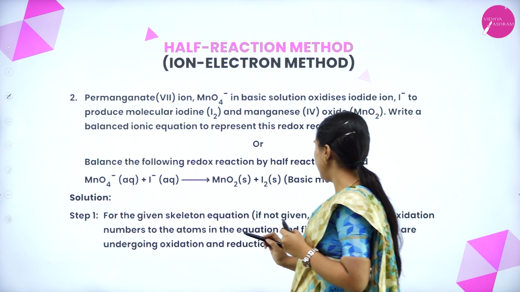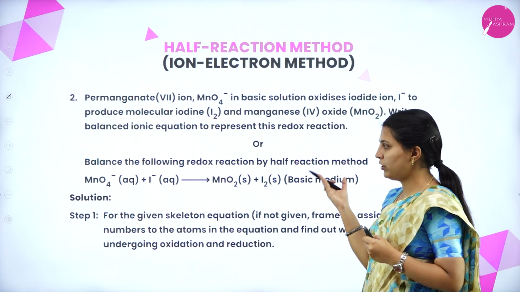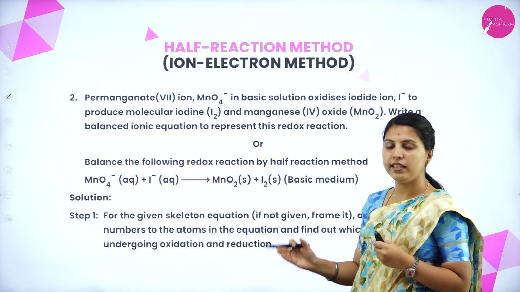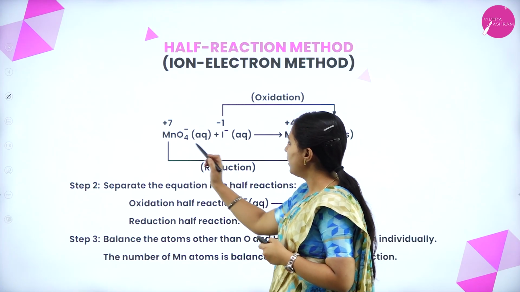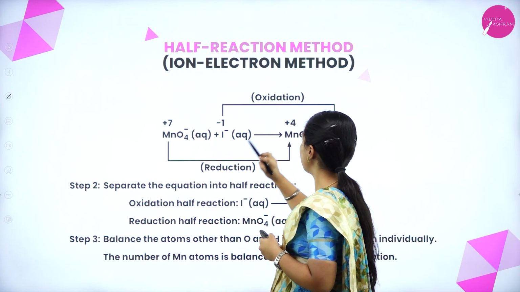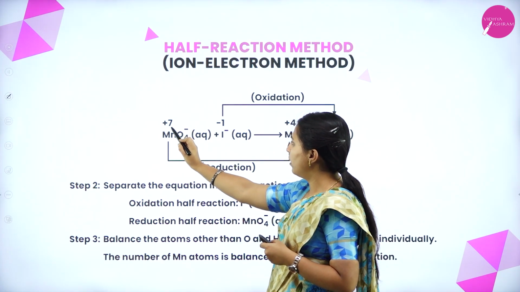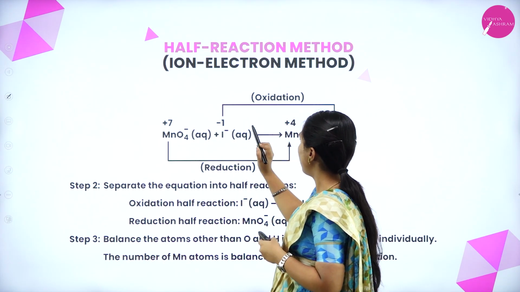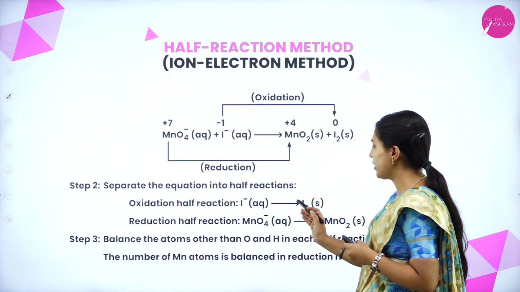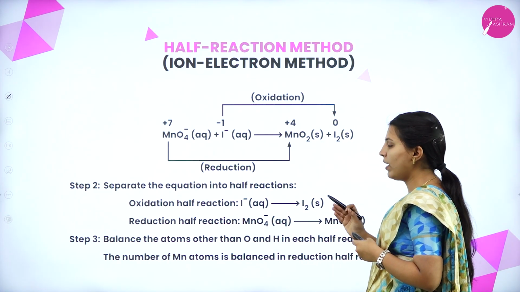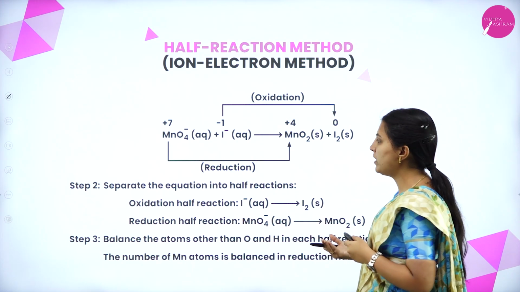For the given skeleton equation, assign oxidation numbers. You know now, oxidation numbers you have to assign. Later you have to divide the oxidation part and the reduction part. Okay, here see, reduction goes from +7 to +4, oxidation from -1 to 0. Next, separate the oxidation and reduction reactions. Now other than oxygen and hydrogen you have to balance.